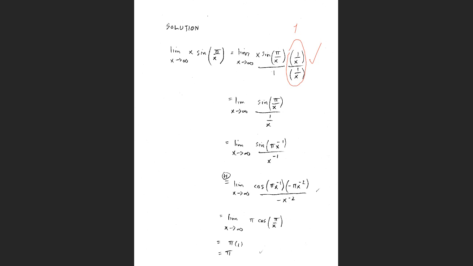Now in the numerator, you have an x here and an x there. They're going to simplify out, and you'll get the limit of sine of pi over x over 1 over x as x approaches infinity.